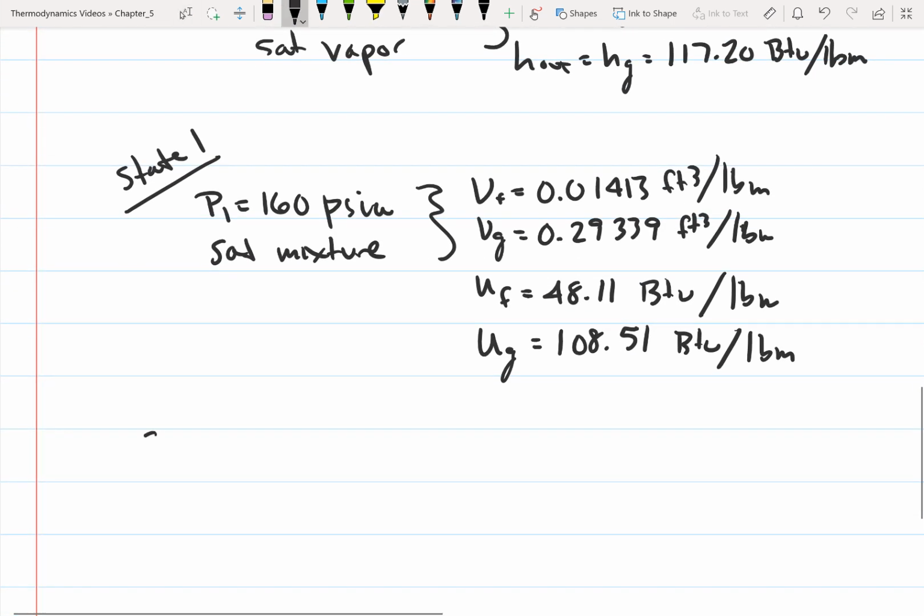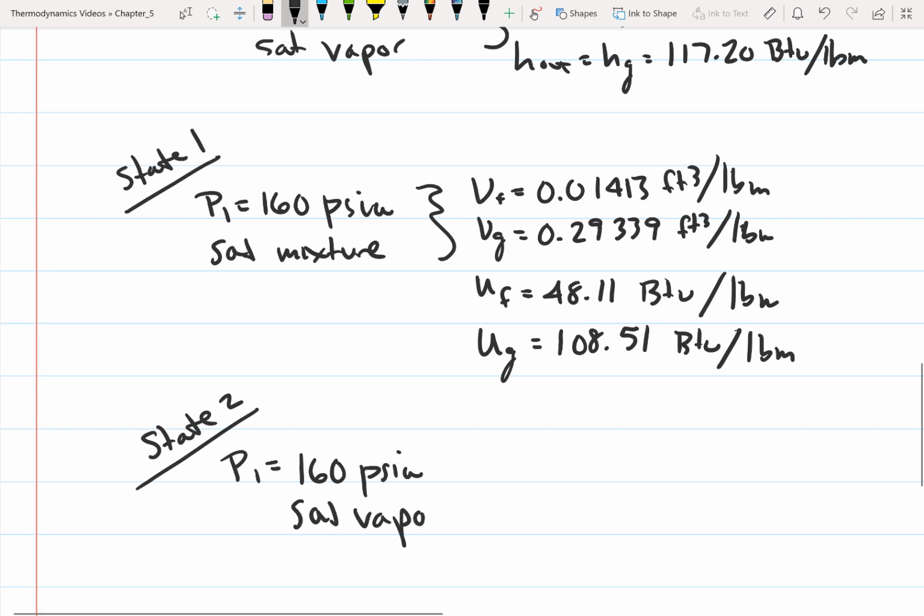Now let's look up the data for state 2. At state 2, P2 is still 160 psi absolute, but now we have a saturated vapor rather than a saturated mixture. So V2, the specific volume at state 2, is equal to the specific volume of the saturated vapor, which is 0.29339 feet cubed per pound mass.